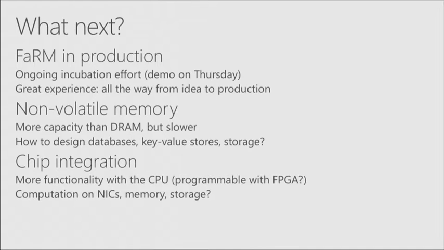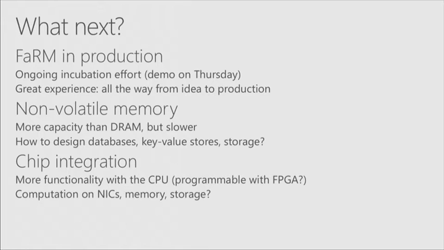And then another very interesting thing is chip integration and specialization. We are seeing more functionality being put with the CPUs, for instance integrating the NICs, or putting special instructions in the CPUs. An interesting twist to this is if we can use FPGAs either integrated with the CPUs or integrated with other components in the system.